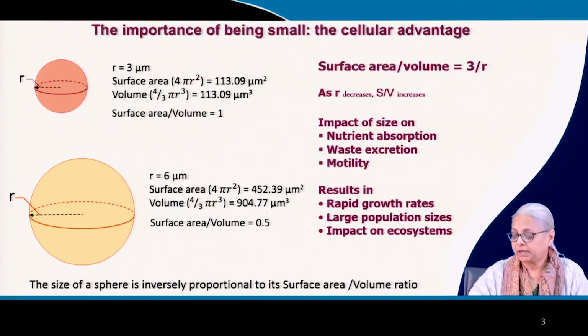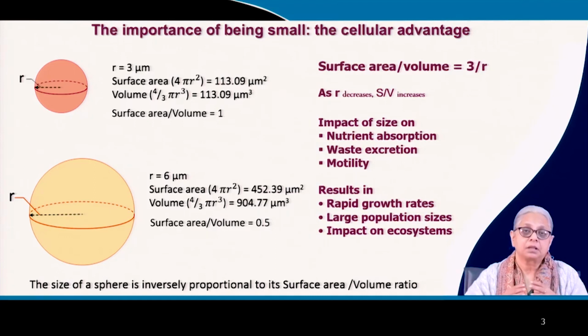So what I have here is an illustration of a coccoid cell. We'll come to more details about that later, but for starting, just to get an idea of the nature of being small and how it works. We're taking a sphere. We're assuming that a bacterial cell is a simple sphere.